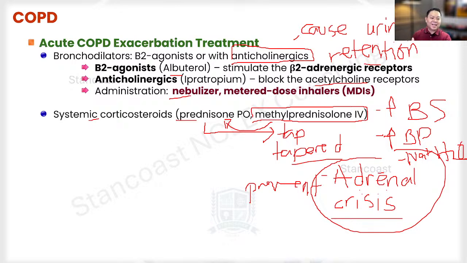So again, you will think about Cushing's disease, or yes, that can potentially happen to this patient that will be placed on a long-term glucocorticoid therapy. Okay, so there will be some moon face, urinary retention, high blood pressure, their glucose will go up.